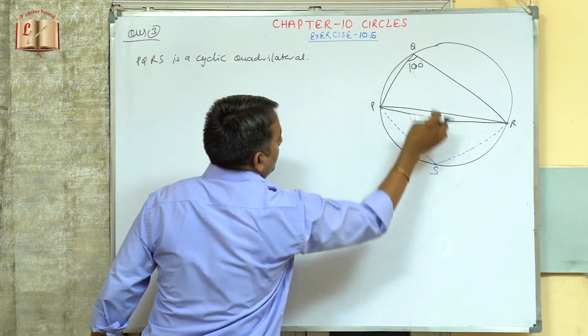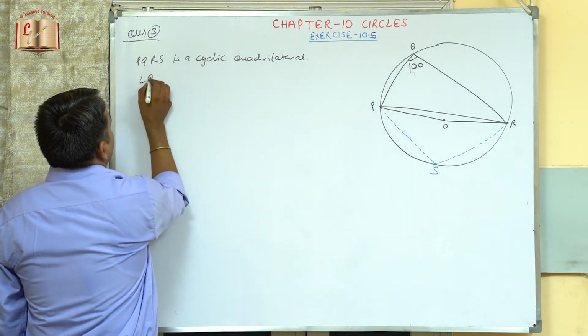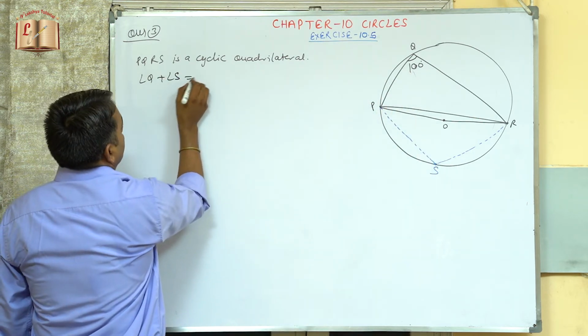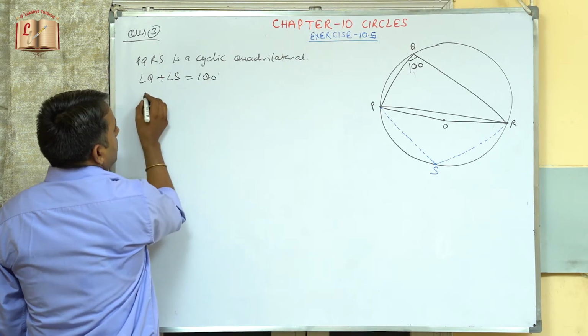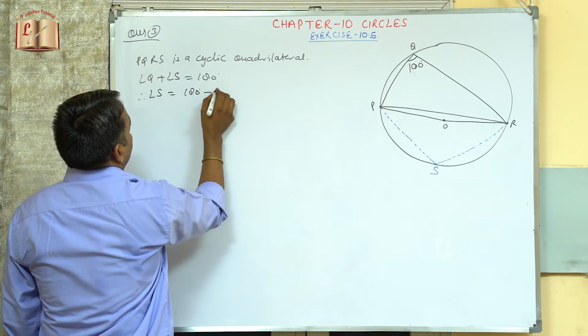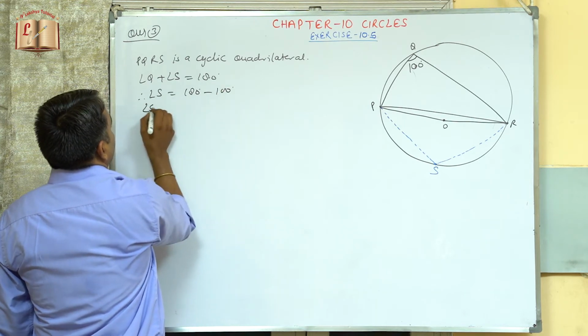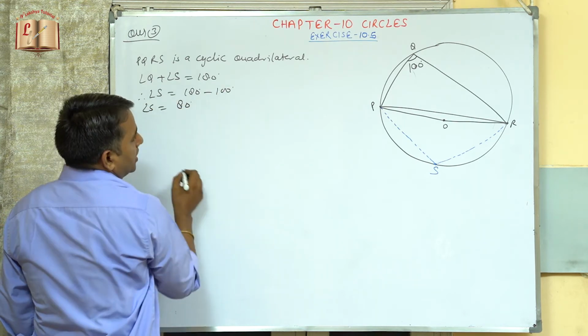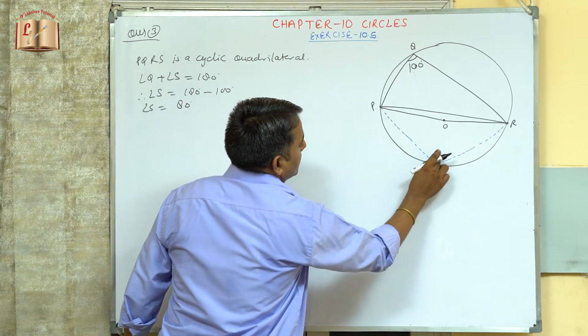Therefore, the sum of opposite angles, angle Q plus angle S, will be equal to 180 degrees. So angle S will be equal to 180 degrees minus 100. So angle S is equal to 80 degrees.